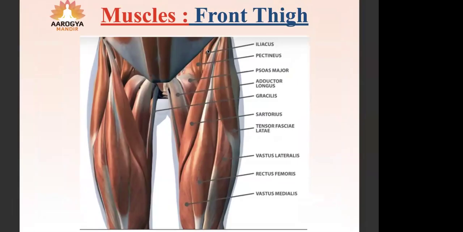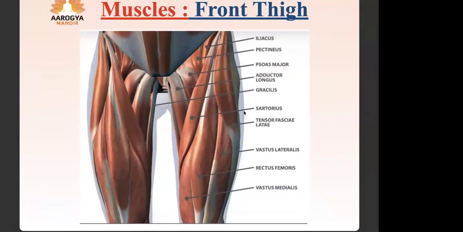You can see from the top iliacus, next to it is pectineus, next to it is psoas major, and then you have adductor longus, which is one of the adductor muscles. Then there is a long muscle of the body, which is called sartorius. And of course, one near the inner thigh, you can see over here, that is gracilis, that is on both the sides.